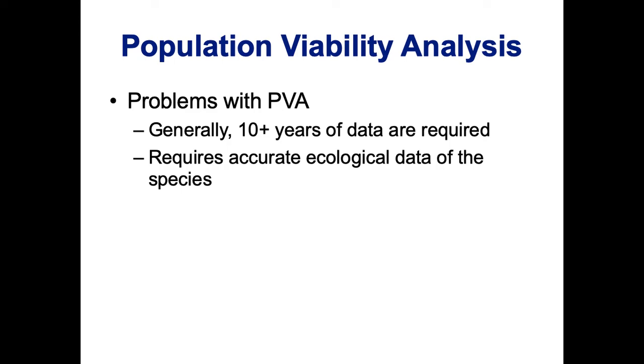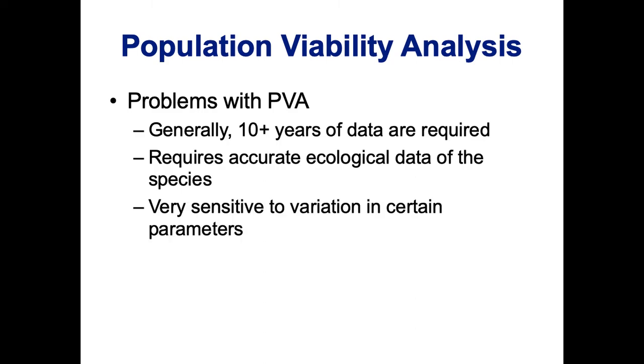This is the kind of thing you really, really need, or is very helpful when you're trying to list a species as endangered. But a lot of times they don't provide funding for these types of studies until the species is already endangered or very close to being endangered, which means that it's hard to list them if you don't have this data, but there's not money for the data. So that creates a major problem.